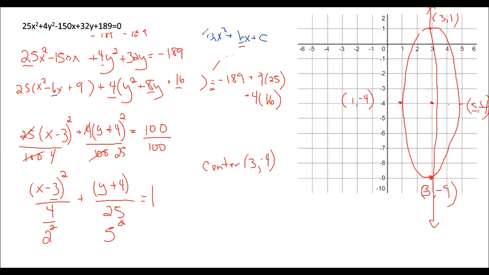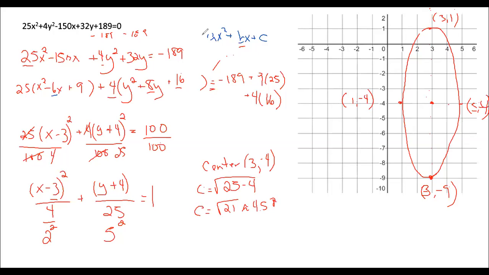I don't like the way I drew that, so I'm going to take that out. But in our y direction, our c is going to be the square root of a squared minus b squared, so the square root of 25 minus 4. Again, this is just the difference in our denominators. So c is going to equal the square root of 21, which is approximately equal to 4.58.